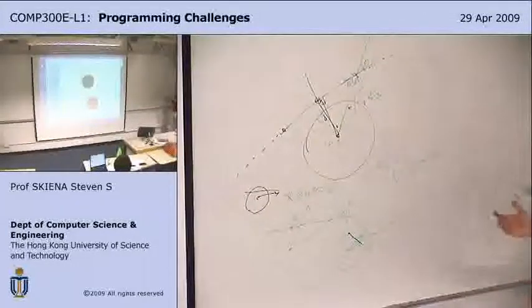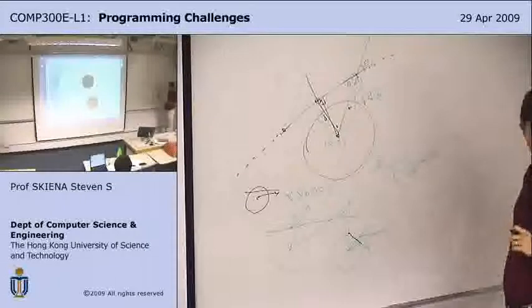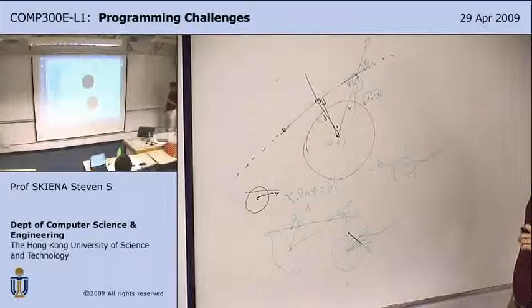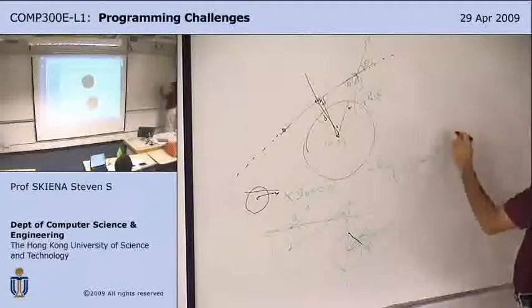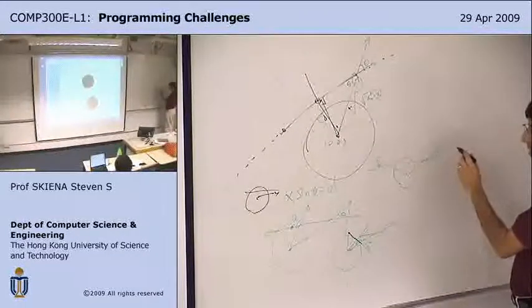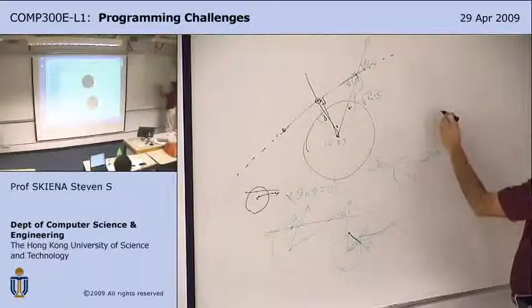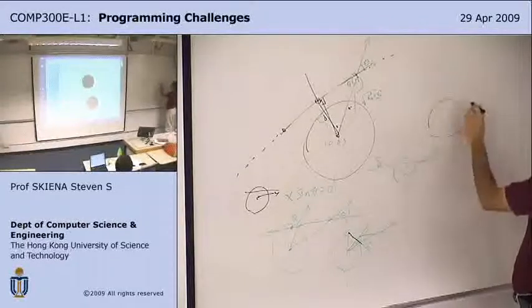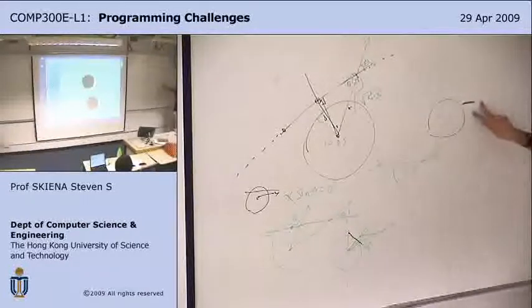And so it sounds like what you did is you rotated the circle in some sense, conceptually, so that the line was horizontal, basically. Is that right? Yeah.